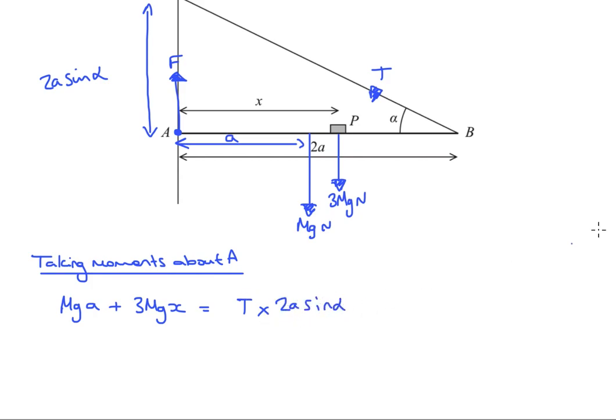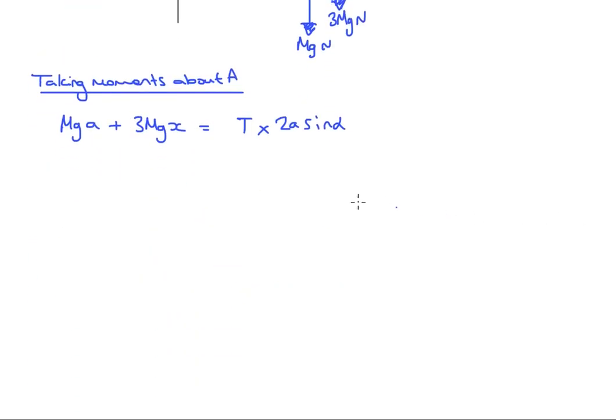Now we've already said that sine alpha is 3/5. So we've got 3 times 2, so 6AT over 5. We can simplify this too. So 2 times 3/5 is 6/5 times A times T.